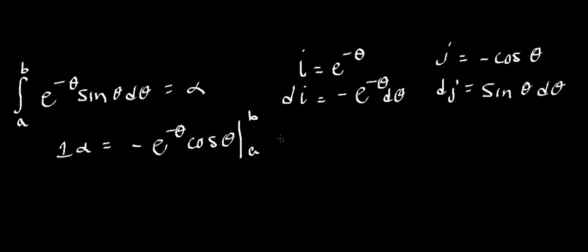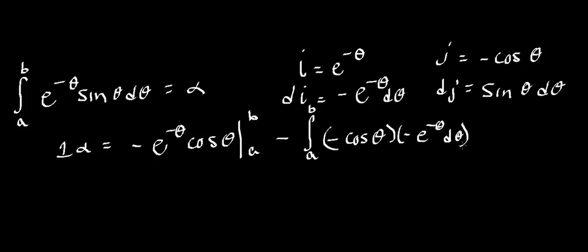And then you're going to subtract off from that the integral from a to b of j di. So this is negative cosine of theta multiplied times negative e to the negative theta d theta. Okay? And so if you simplify this a little bit, you get negative e to the minus theta cosine of theta from a to b.